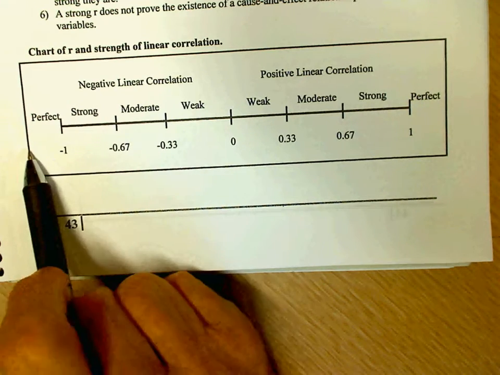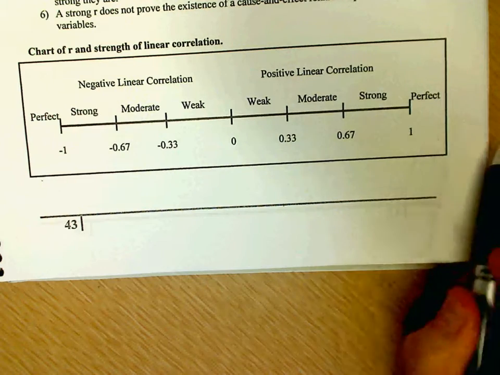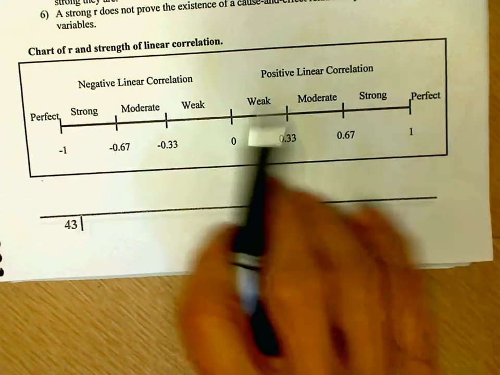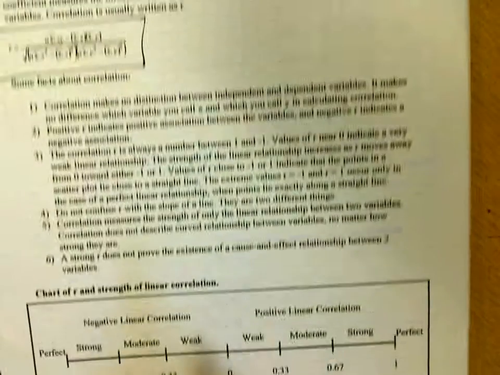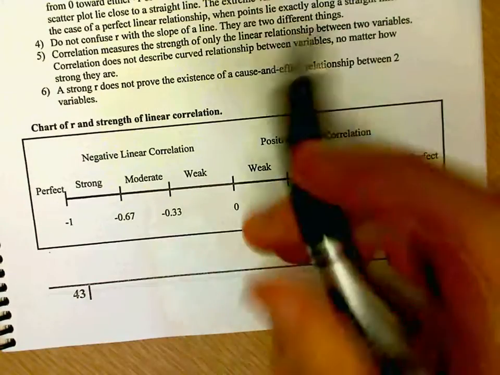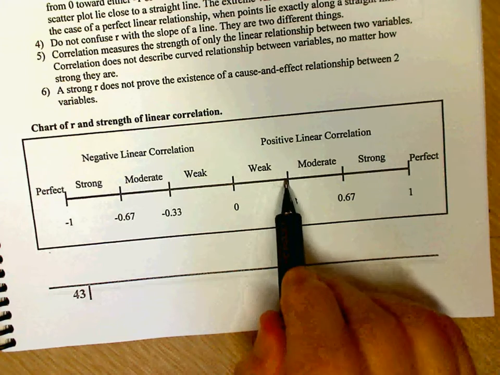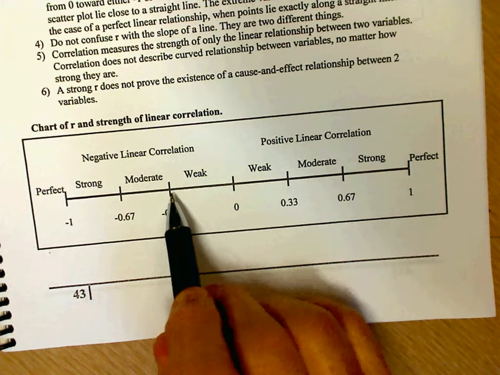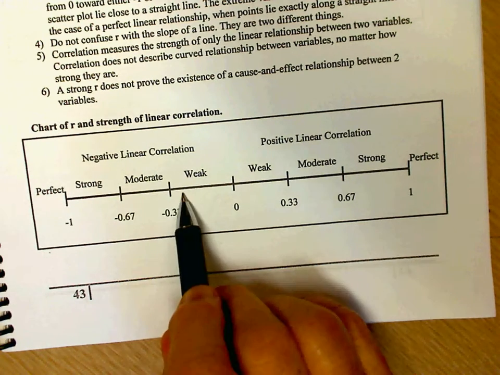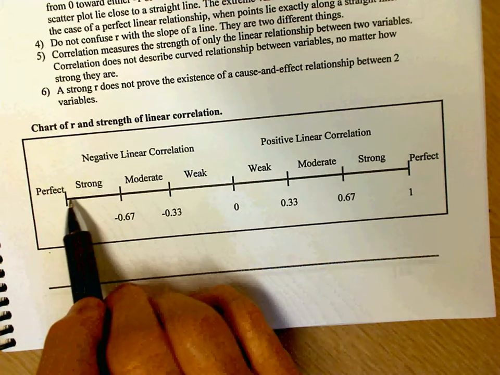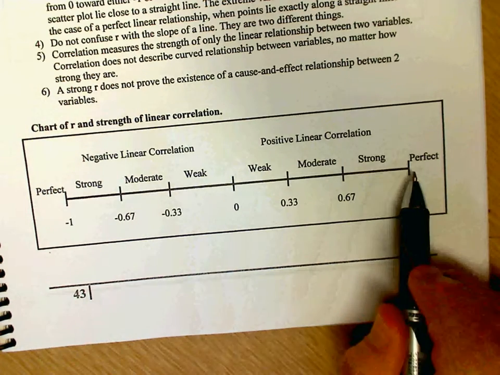If it goes above 1, you also have a calculation error. When it's between -0.33 and positive 0.33, the correlation is weak. As it gets closer to either -1 or +1, it's very strong, it's perfect.